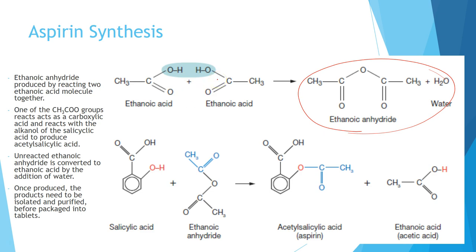This is just simply a more efficient way to provide ethanoic acid into the reaction mechanism, because we're still looking at an esterification between a hydroxyl group and a carboxylic acid group, this one here, to form the ester. So we have a hydroxyl with essentially what will form a carboxylic acid, forming the esterification reaction, and we will reform ethanoic acid during this process.